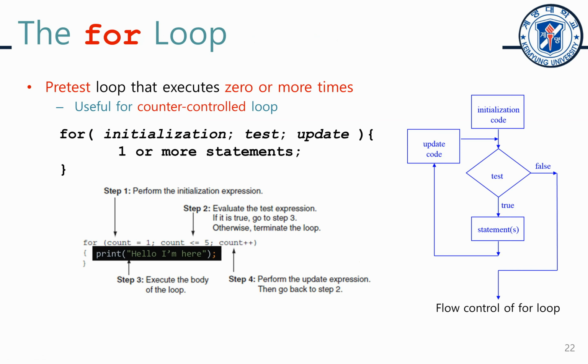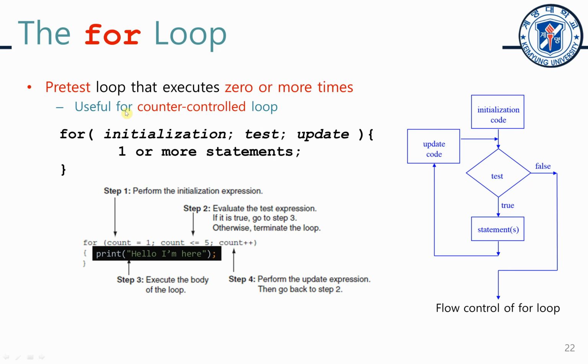Another repetition that we will use more often than usual is the for loop. The for loop is similar to the while loop in a way that both of them are pre-test.